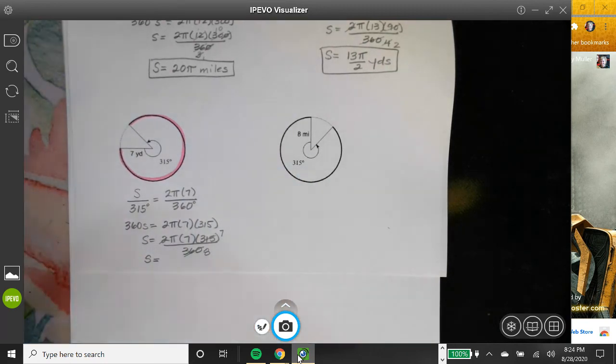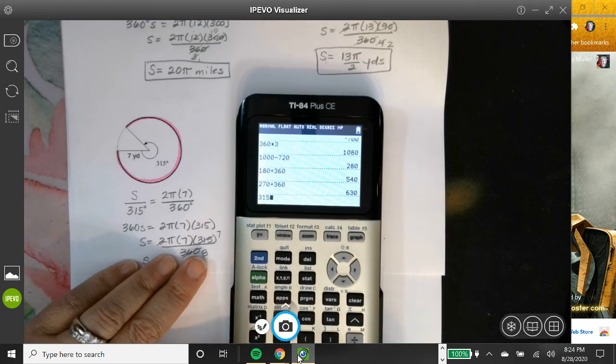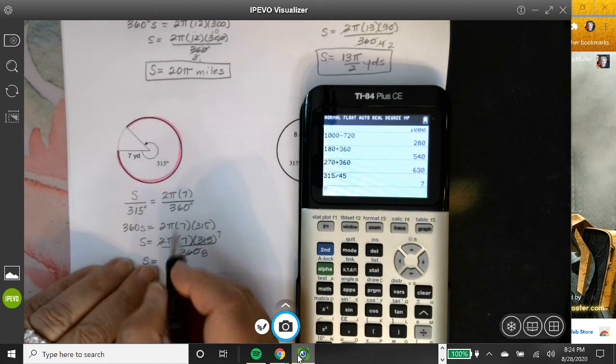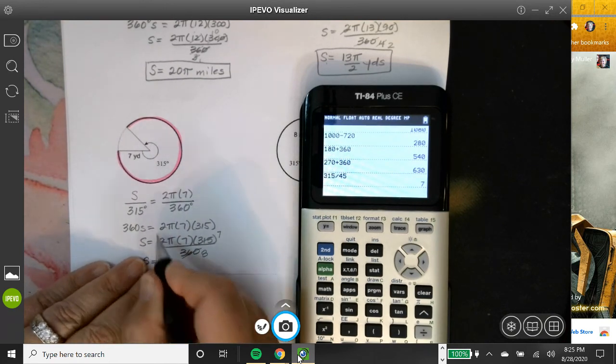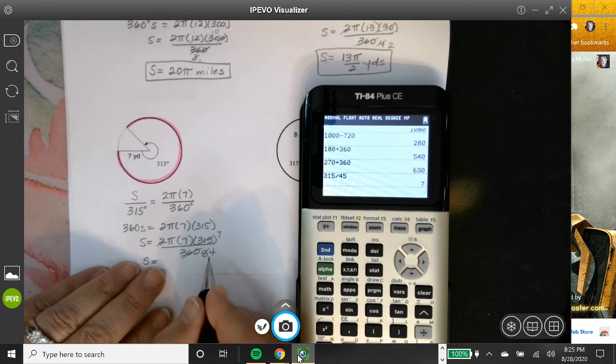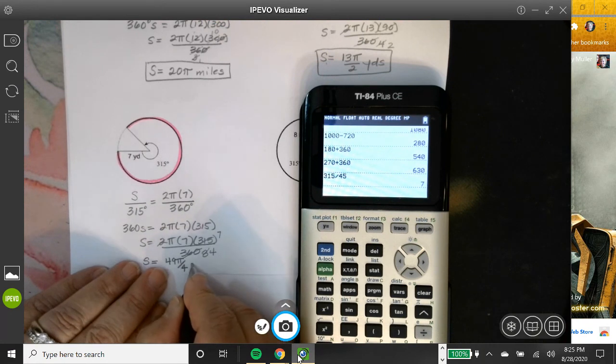And if you don't believe me, we can pull the calculator out here. 315 divided by 45 is equal to 7. Yeah, that works. Okay, and then 2 goes into 8 4 times. So this is going to be 49 pi over 4 yards.